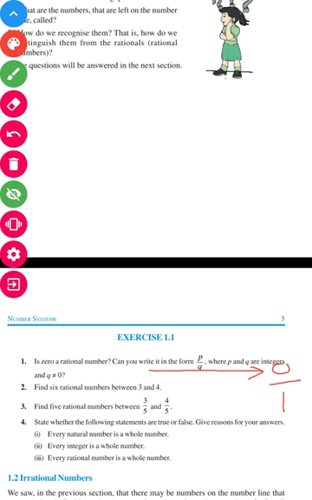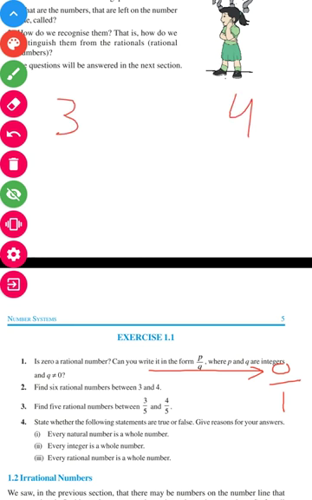Now we have to find a rational number between 3 and 4. Okay. Now let me tell you, there are many ways. As I told you, there are two ways.